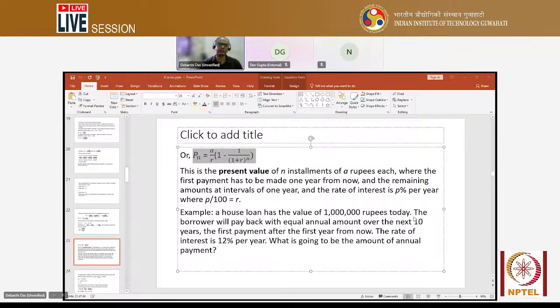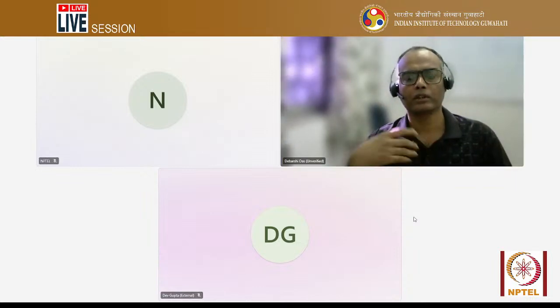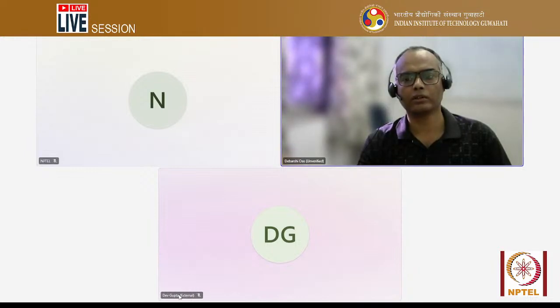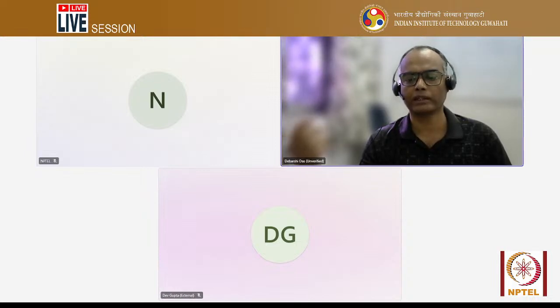Okay, so let me stop the sharing option. This is the way in which you can use this in various applications. For example, suppose you are doing some investment, maybe you are building a factory, and you are putting some money in right now.